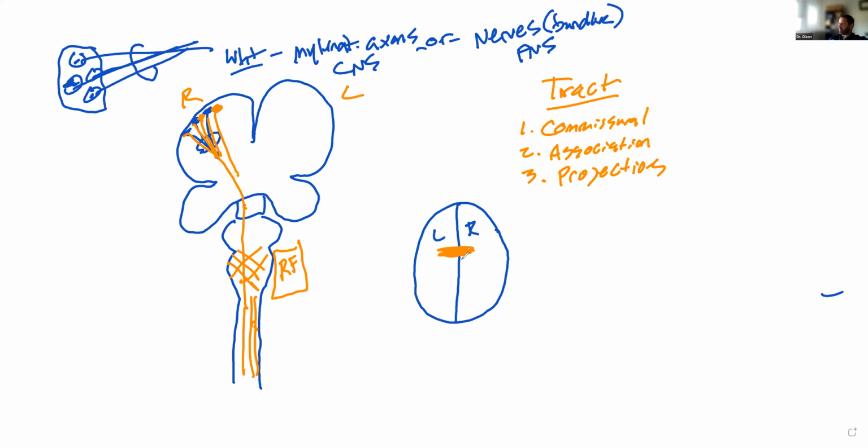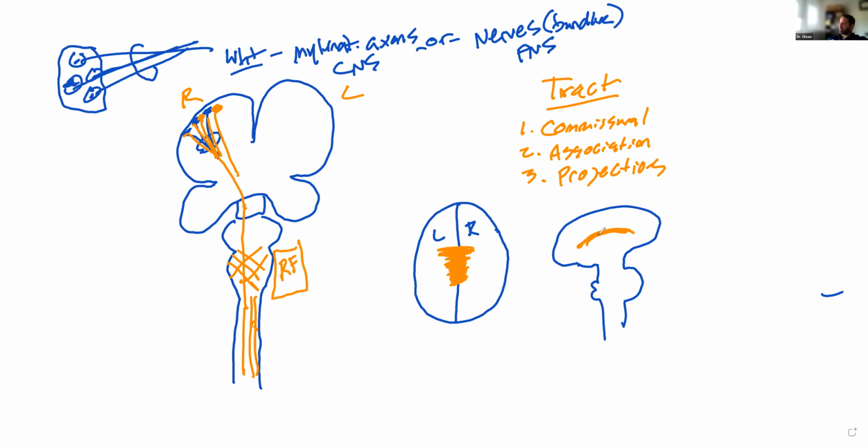So your biggest commissural fiber is very thick, and if you do a lateral section of the brain, it's called the corpus callosum, and it is a tract, so there's a bundle of axons in the central nervous system.